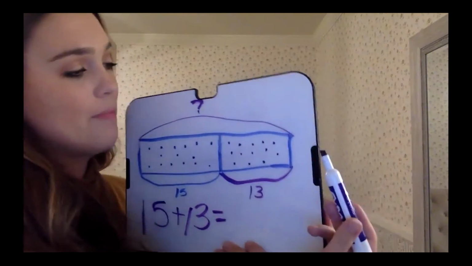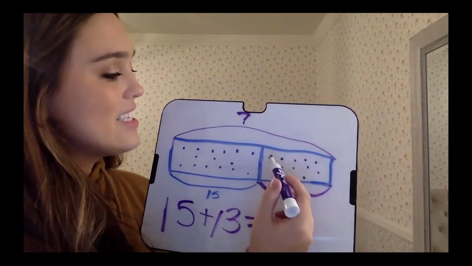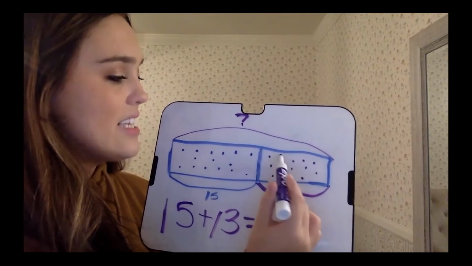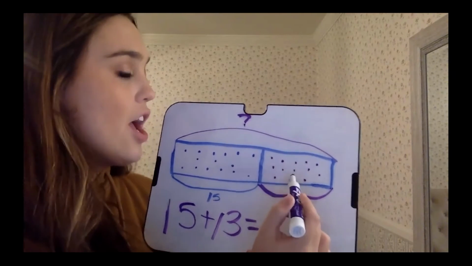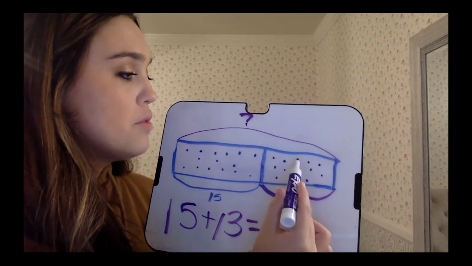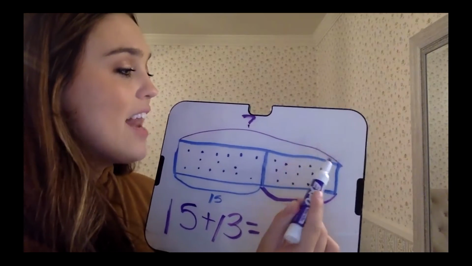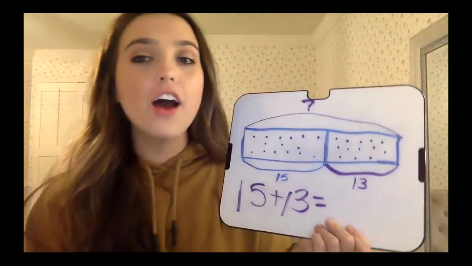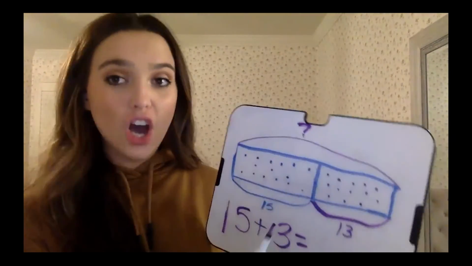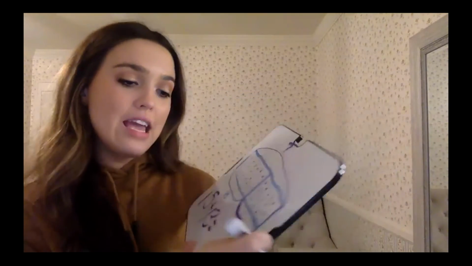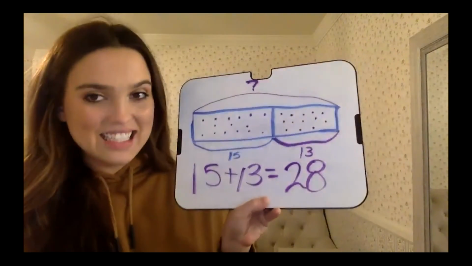Awesome, we're on track. 16, 17, 18, 19, 20, 21, 22, 23, 24, 25, 26, 27, and 28. So I counted 28 dots, which represents 28 pigs. So our answer to our number sentence is 28.